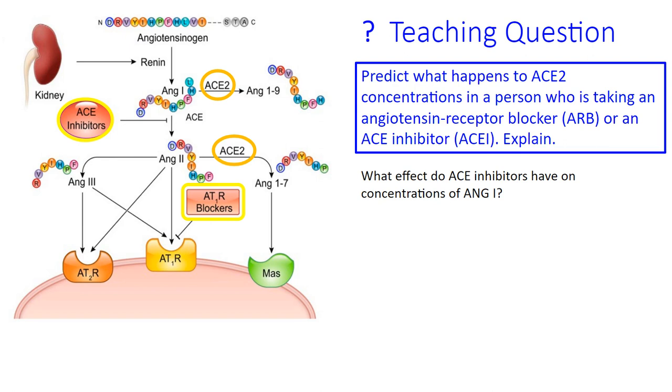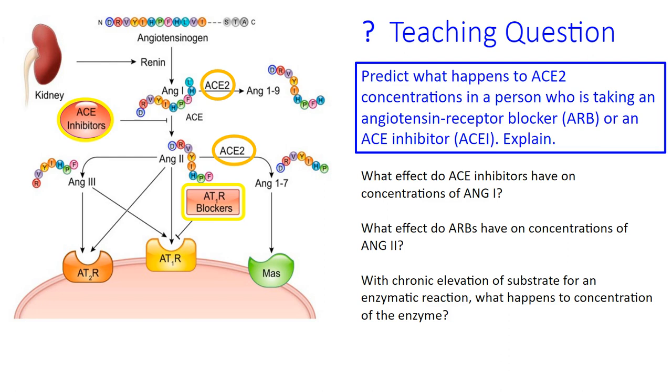Well, if you're blocking the conversion of 1 to 2 using an ACE inhibitor, then angiotensin 1 concentrations are going to go up. And similarly, what effect would ARBs have on the concentration of angiotensin 2? Same thing, block action at the receptor, and you're going to predict an increase in the angiotensin 2 levels.